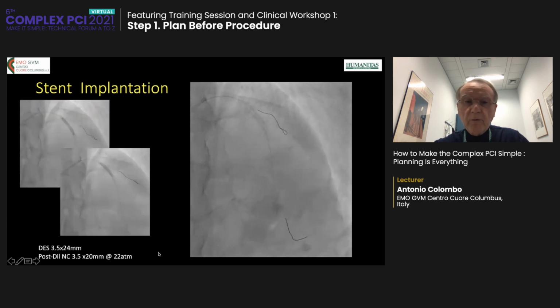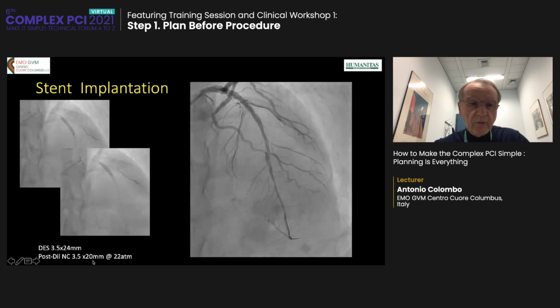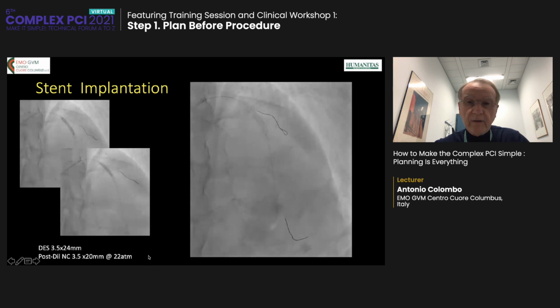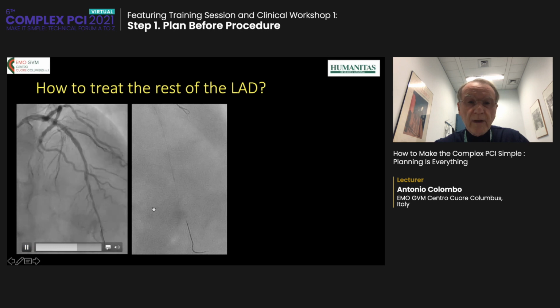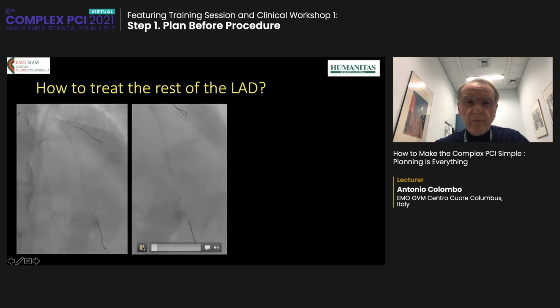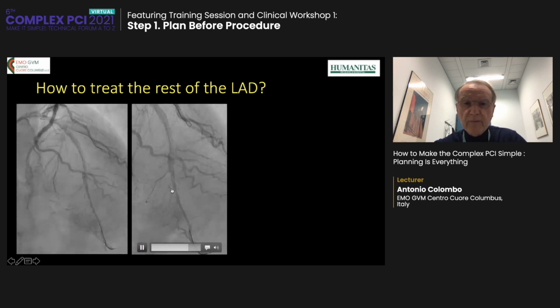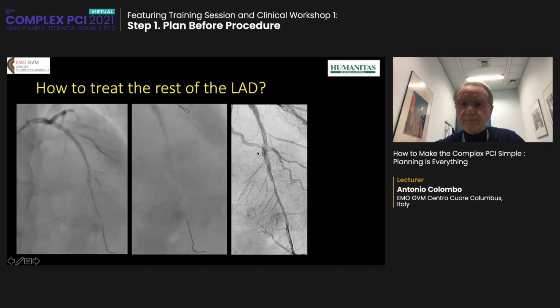And what do we do for the distal lesion? So stent implantation, 24 millimeter in the proximal part. Then in the distal part of the lesion, we optimized with further balloon dilatation. Then we see that there is a dissection.